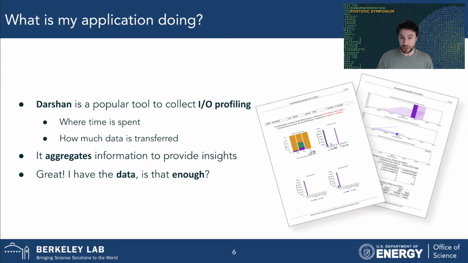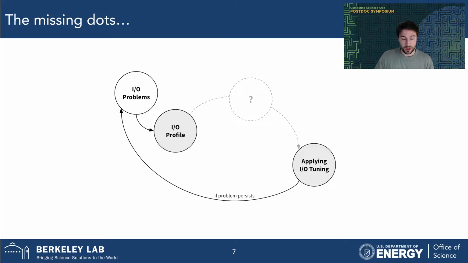But okay, we have the data. I mean, is that enough for us to understand what we can do to make our application run faster and do I/O better? So we point out that there is a gap, so there are some missing dots between the profile information that we can capture and the different optimization techniques that have been proposed over the last years, which we can apply based on our workload and actually see performance benefits.